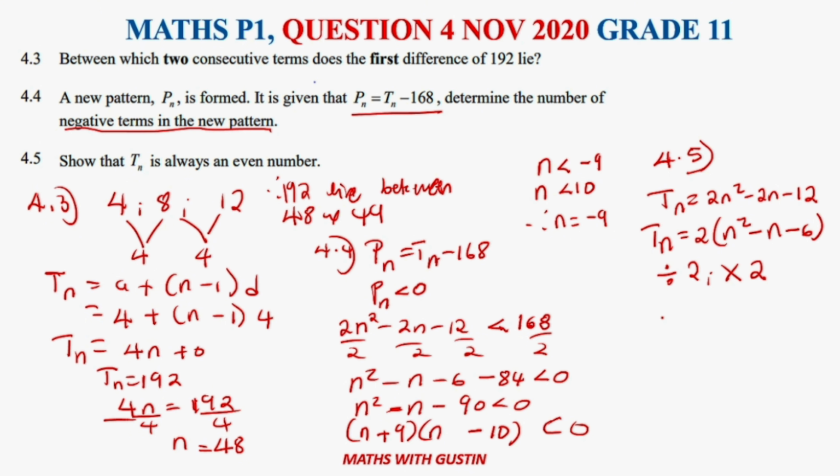So therefore if that's the case, we will always have an even number. Okay, and that's how you will deal with a question like this one.